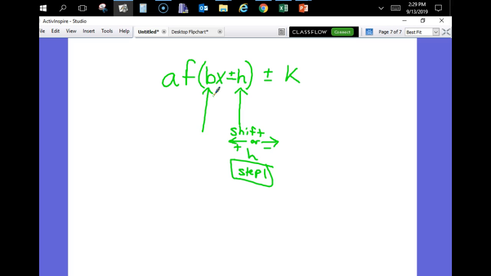So, second step is to divide the x's by b. So the first thing you do is move your dots all over to the left or right. Take them all in, slide them, if there's a number there. And then you're going to take all those new x values that you just created, and divide them all by b.